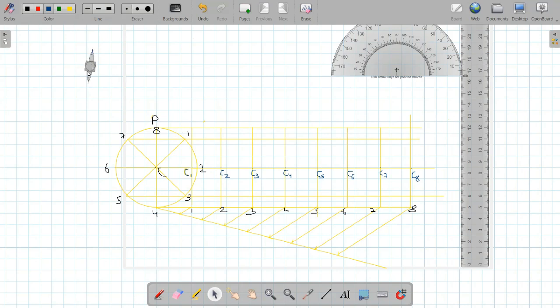So starting with the part, first of all, we have to measure the radius, which was 3.5. Then keep it on center C1 and make an arc on the projector of 1 on the right hand side.